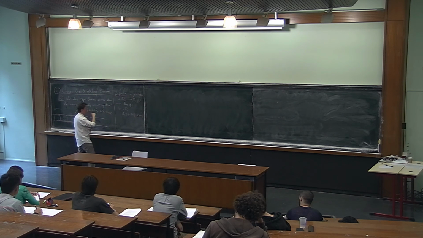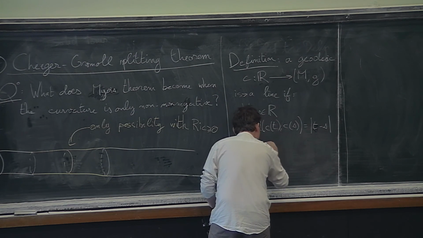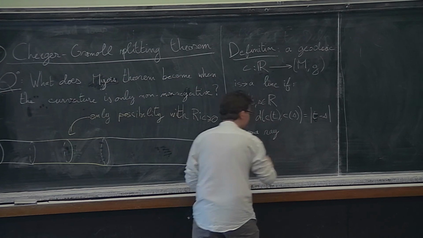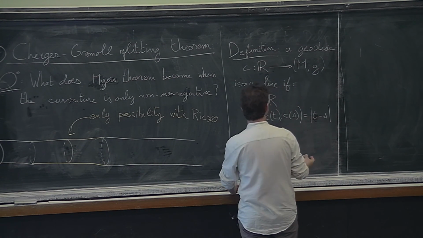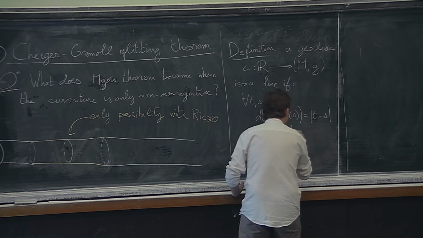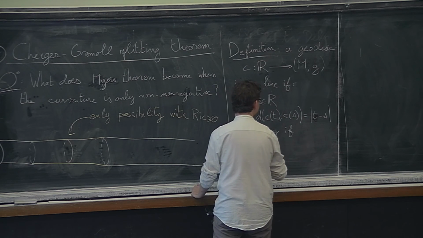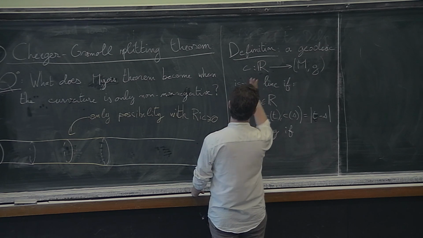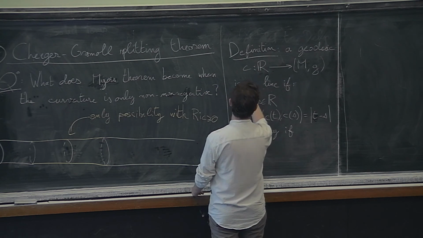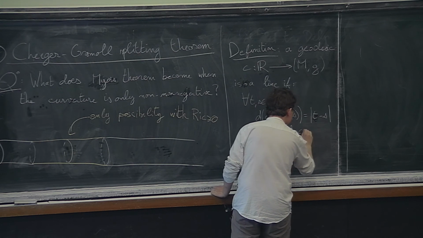Maybe another definition. So a line, that's this way, but of interest is also the concept of ray, and that you can find in every non-compact manifold. So your curve is a ray if it's not defined on the same domain.